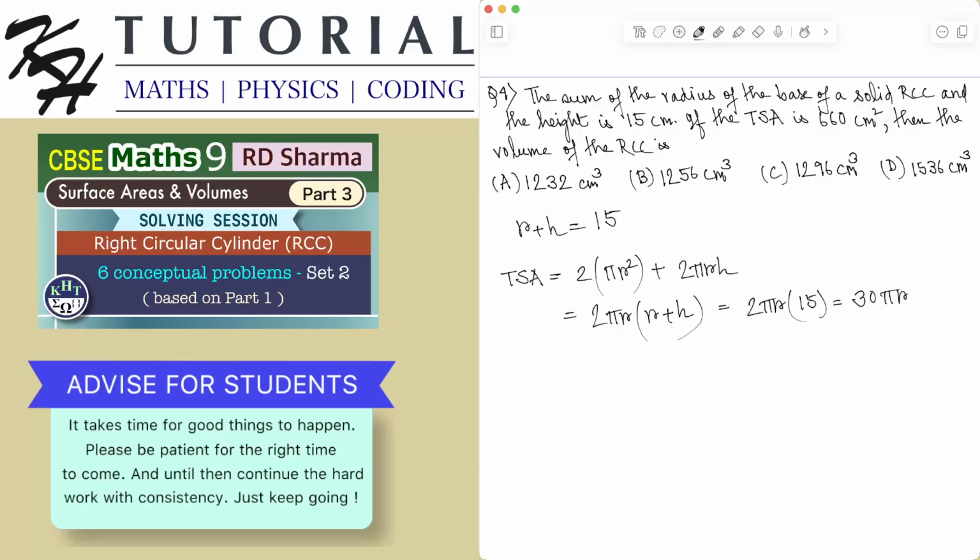Now the total surface area is given to be 660 centimeter square, so we must have 30 pi r equal to 660. This implies pi r is equal to 660 divided by 30, which is 22. Pi r is 22.